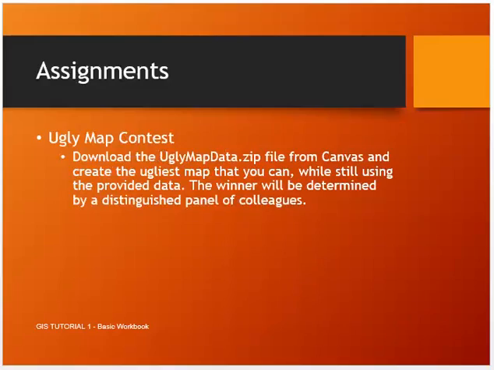The assignment for this is not out of the book. On the Canvas page, under the Files section, there is a zip file called uglymapdata.zip that contains a shapefile of census tracts with population and area information. So you can build a density map or a total population map.